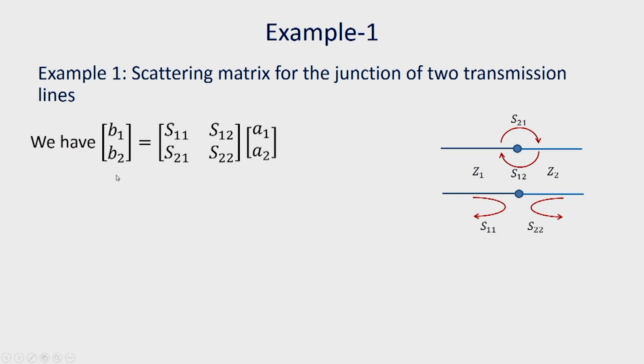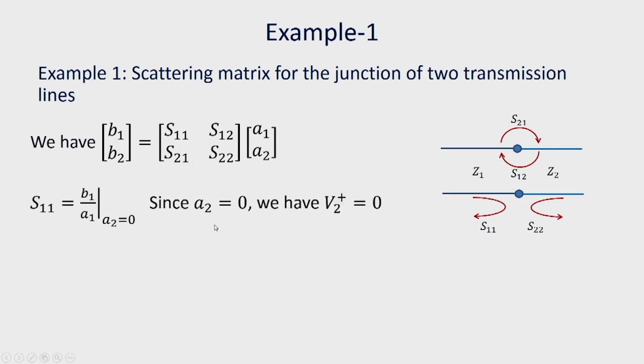So, we have B1, B2 equal to the matrix S11, S12, S21, S22 times A1, A2. And from this matrix relation, we see that S11 is essentially B1 by A1 when A2 equal to 0.